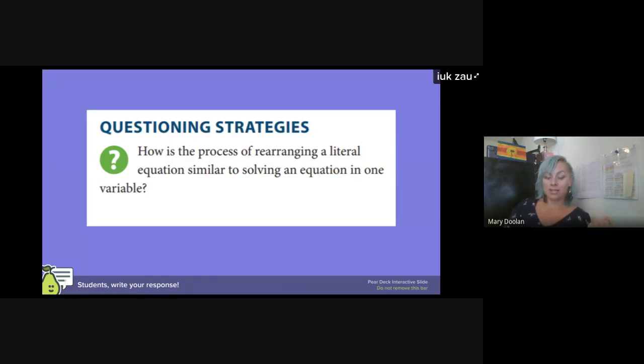How is that process that we just did together and then did together again similar to solving an equation in one variable? Which is like an equation like 3x plus 1 equals 10, or 5y equals 20. How is the process similar? How is it the same?